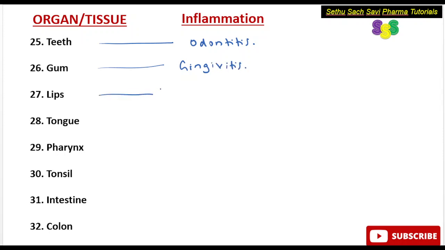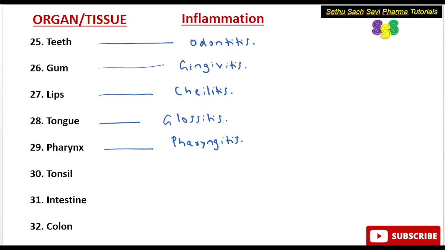Inflammation of lips is called cheilitis, whereas inflammation of tongue is called glossitis, whereas inflammation of pharynx is called pharyngitis. Now inflammation of tonsil is called tonsillitis.